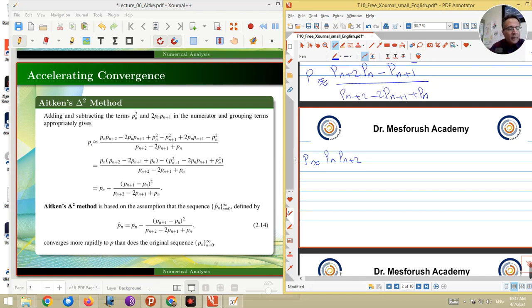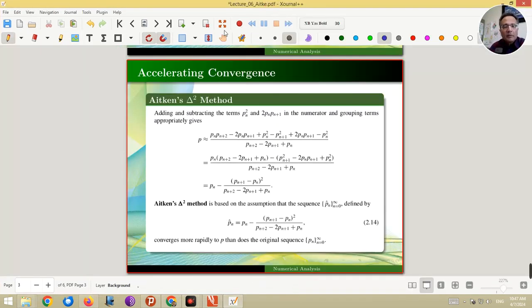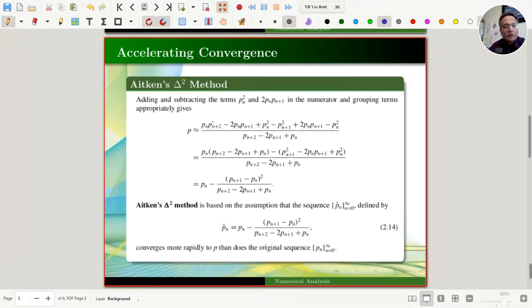Look at here. Let me maximize it and show you. Now, add and subtract 2Pn Pn+1 and Pn squared in the denominator. We will get Pn+2 minus 2Pn+1 plus Pn, squared minus Pn+1 squared plus 2Pn Pn+1 minus Pn squared.